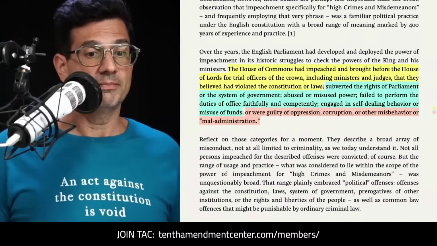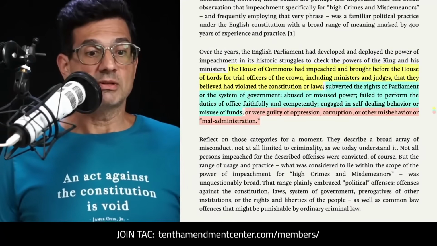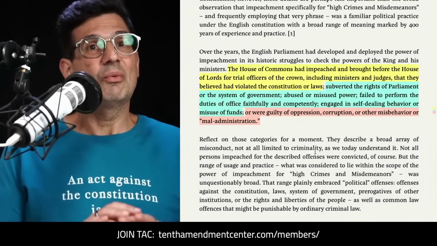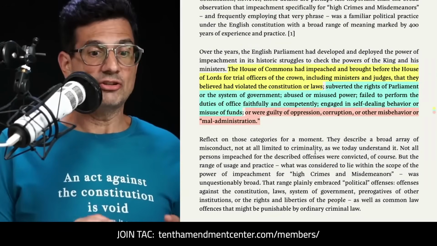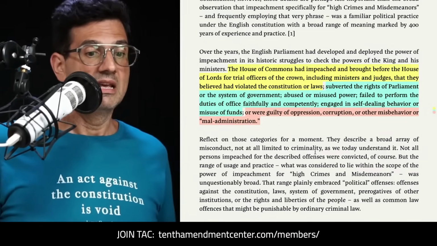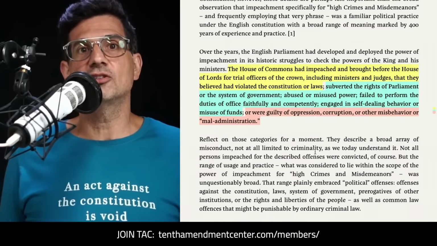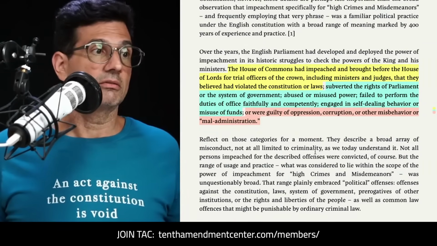And in the British system, impeachment for high crimes and misdemeanors covered a lot, and that was not limited to just statutory criminal acts. It also covered a wide range of political offenses, for lack of a better phrase.